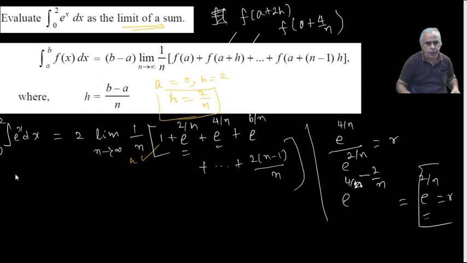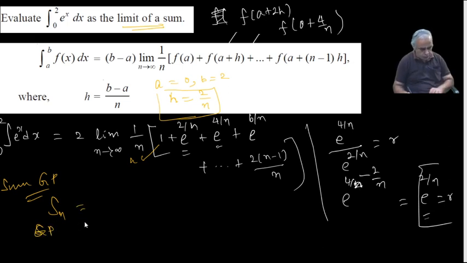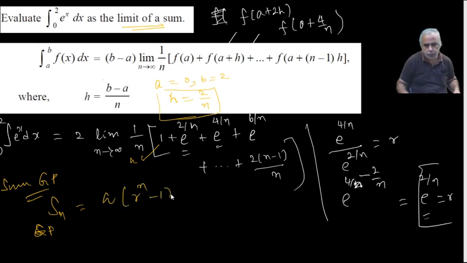So the GP formula, sum of GP terms, a number of terms, that is equal to a into r power n minus 1 whole divided by r minus 1.